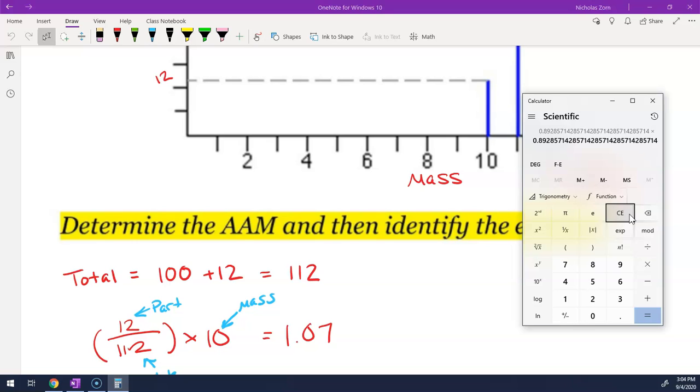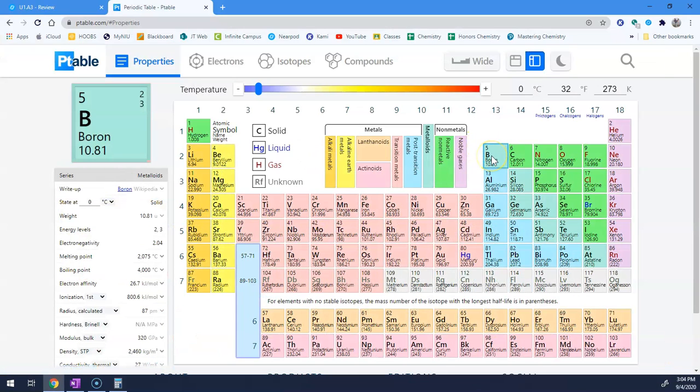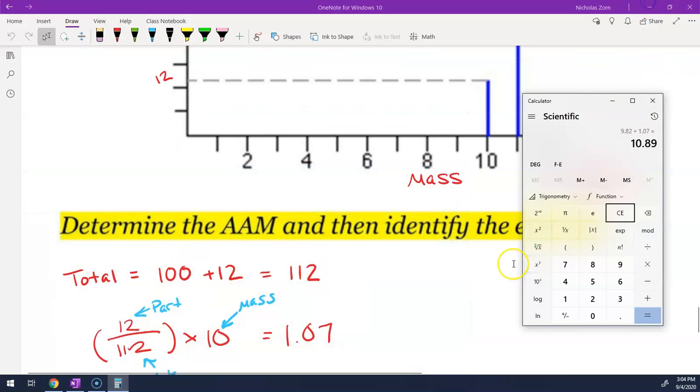And then let's multiply that by 11. So I got 9.82. And then let's add those numbers together. 9.82 plus 1.07, we get 10.89. And if we go to our handy dandy periodic table, 10.89 is closest to boron. So we would have boron in this case.